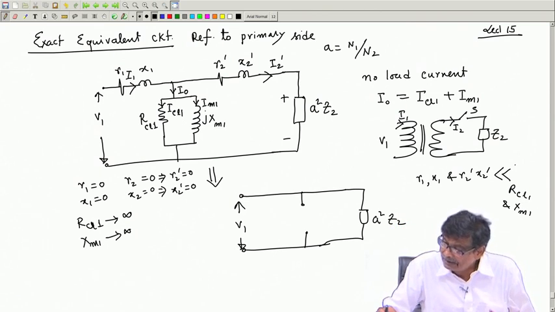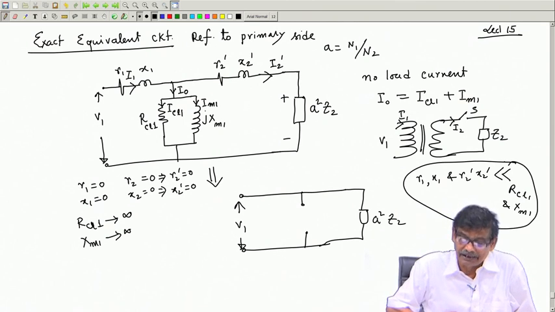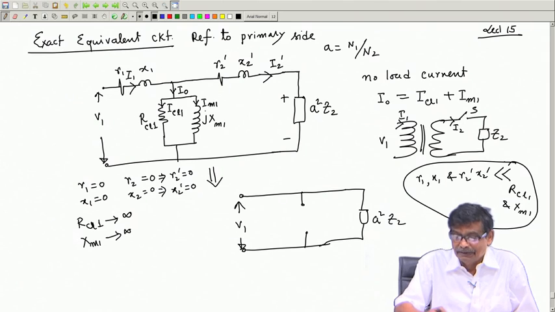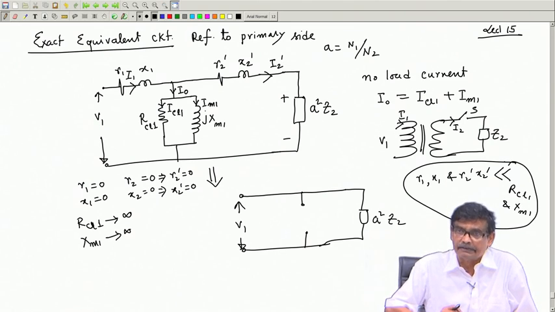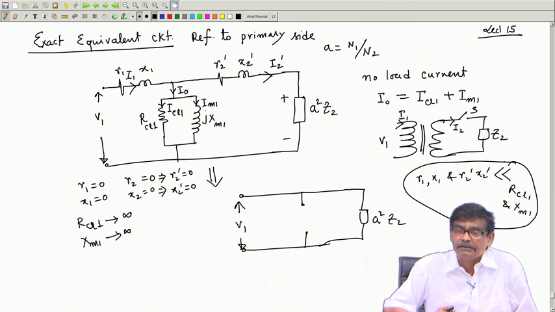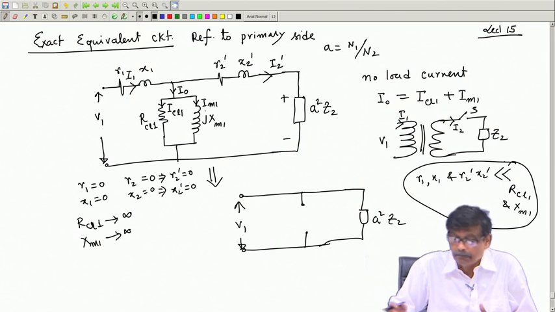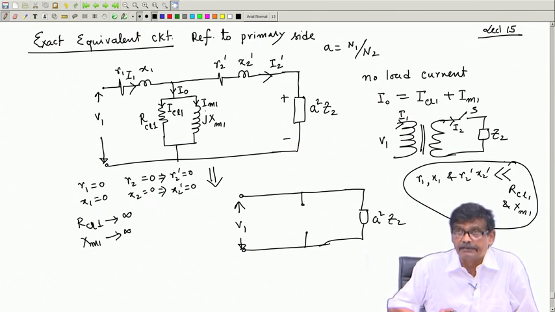But knowing this fact, people also thought that whether some simplifications still can be made to this equivalent circuit based on this knowledge, because these series parameter values are smaller compared to core loss resistance and XM.